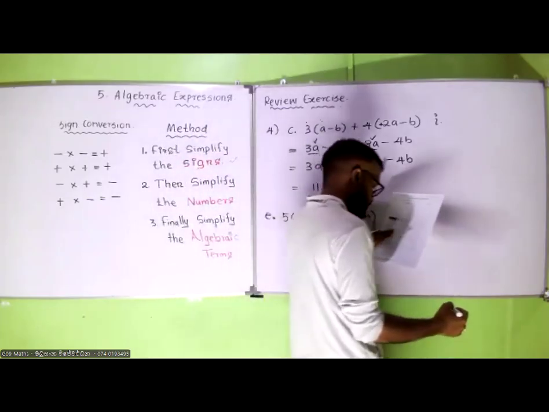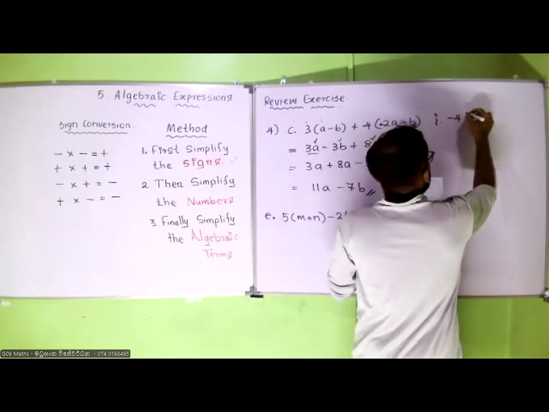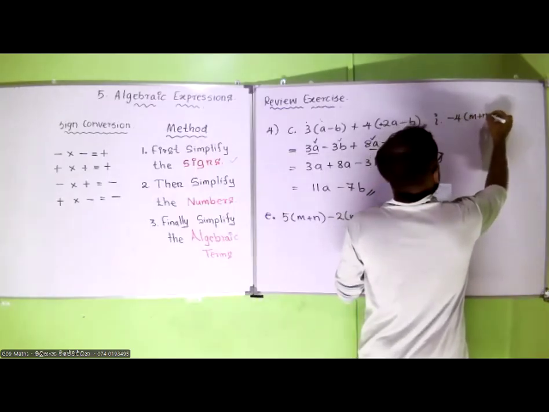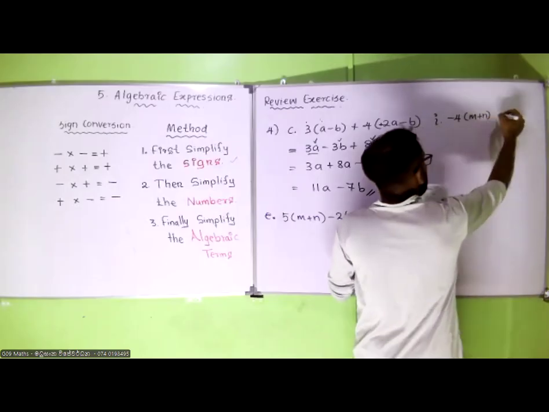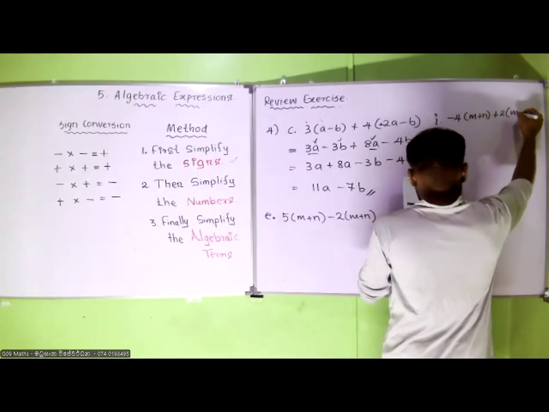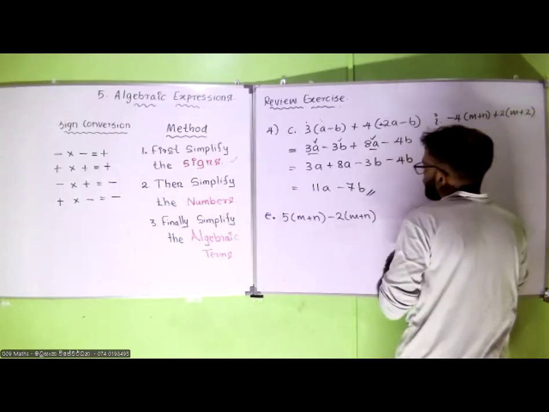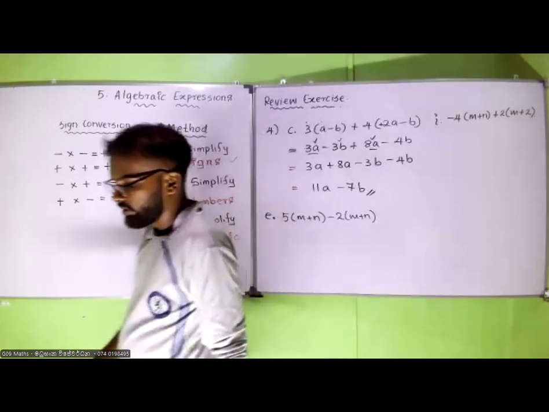Part I is minus 4 (m plus n) plus 2 times (m plus 2). So do it fast.